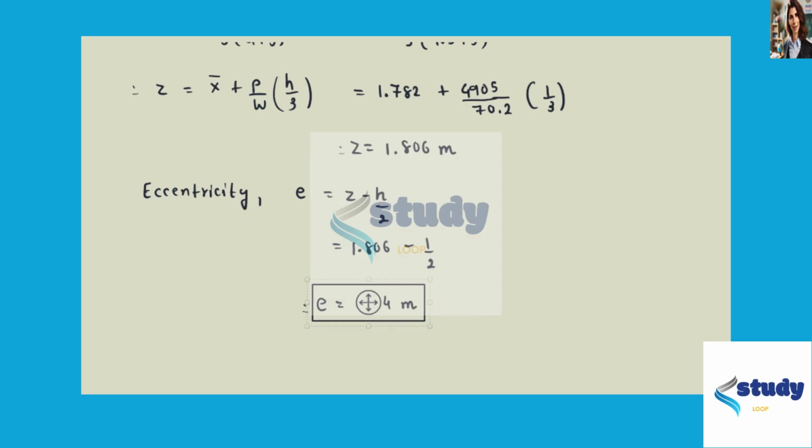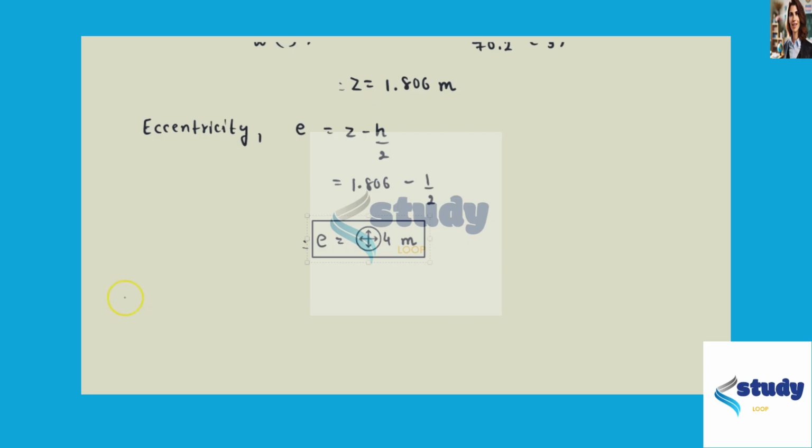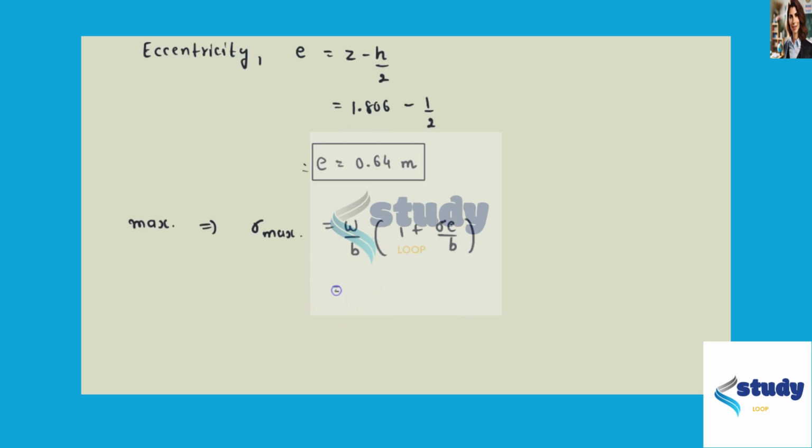Okay, so let's start with the maximum stress. For the maximum stress we can write sigma max, which is equal to W divided by B multiplied by (1 plus 6E divided by B). Now substituting all the values, we write 70.2 divided by 5 multiplied by (1 plus 6 multiplied by 0.64 divided by 5).